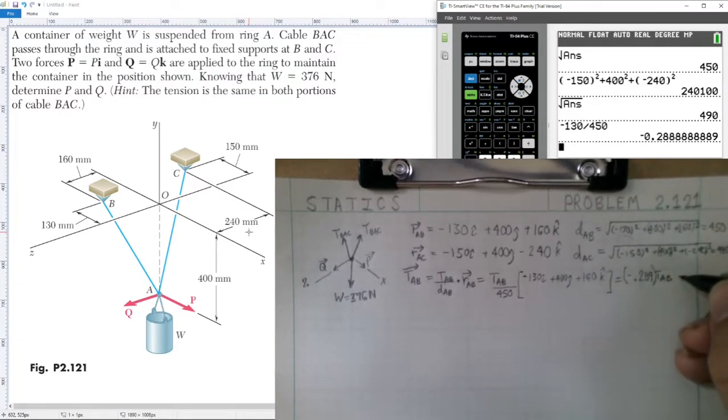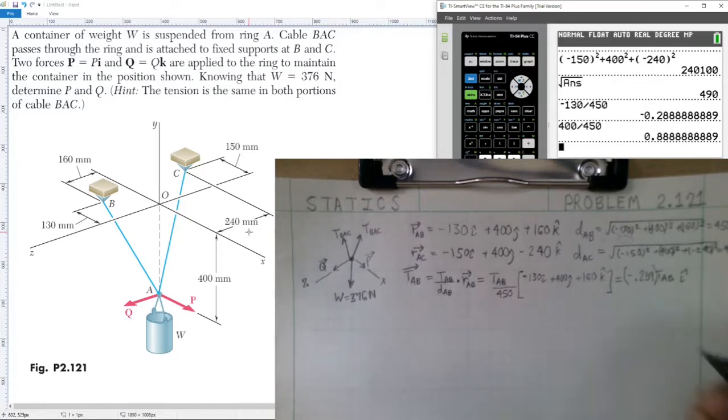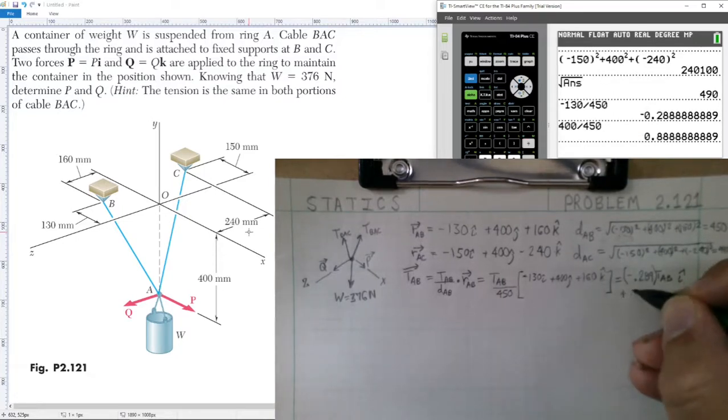This is in the i hat direction. I'm going to write these vertically to save space. We have 400 divided by 450, which is going to be positive 0.88, and we'll round this up to 0.89, times tension AB in the j hat direction.